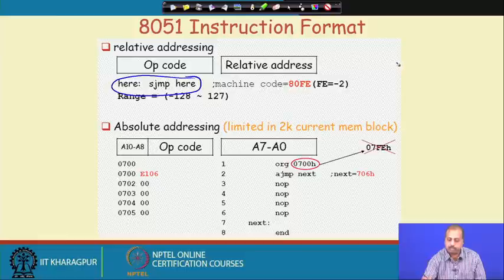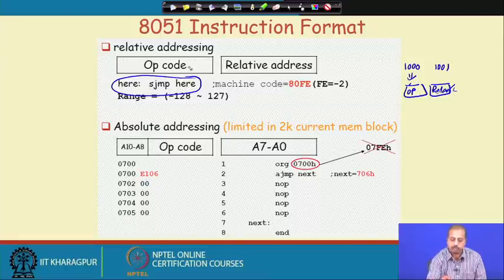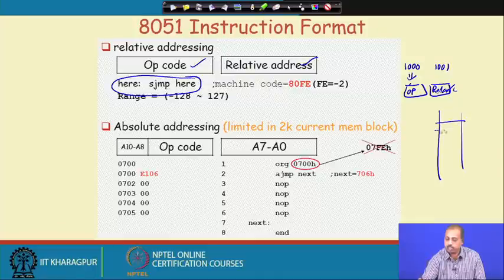If this instruction is at location 1000, then location 1000 will have the code for the opcode part, and location 1001 will have the relative address part, the second byte. So if you look into the memory, at location 1000 you have the first byte, the opcode, and at location 1001 you have the second byte, this value.